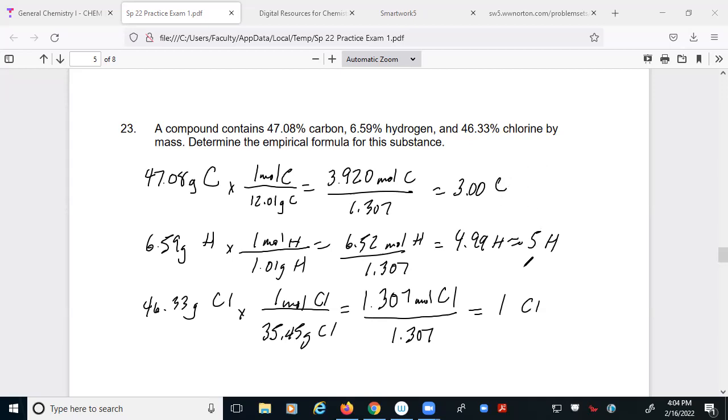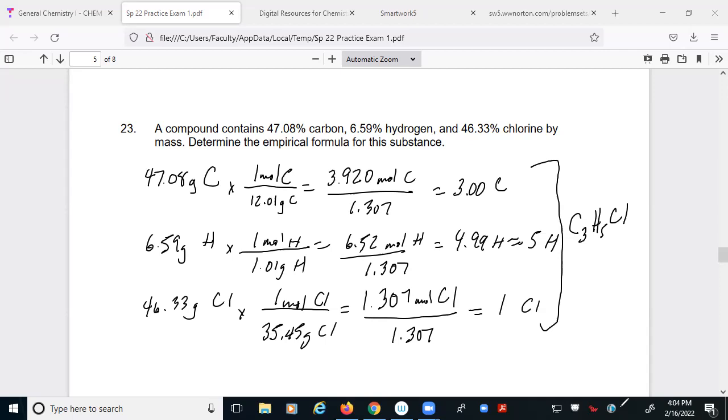Since all of our numbers are whole numbers already, we don't need to do any further modification. We just turn this ratio into a chemical formula: C3H5Cl.